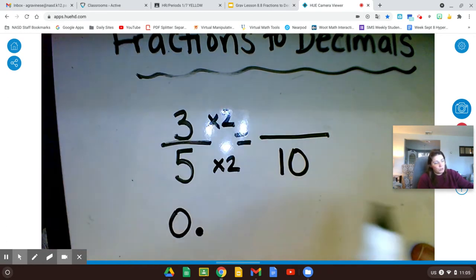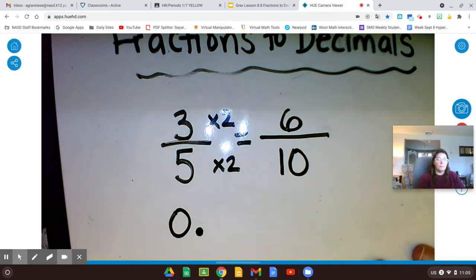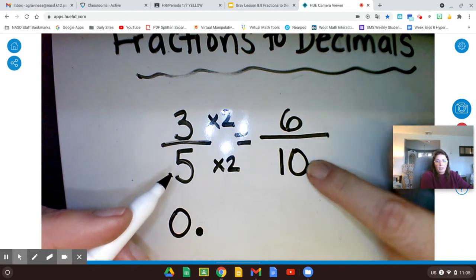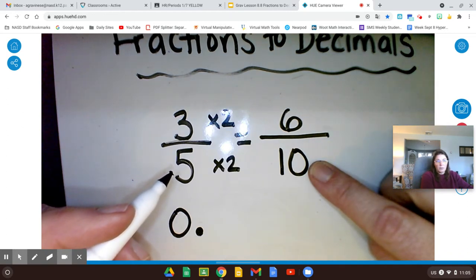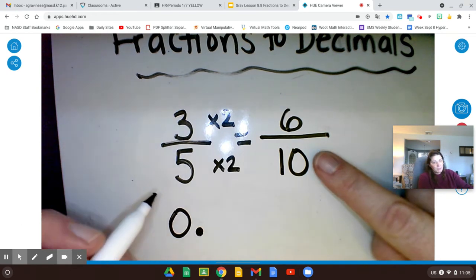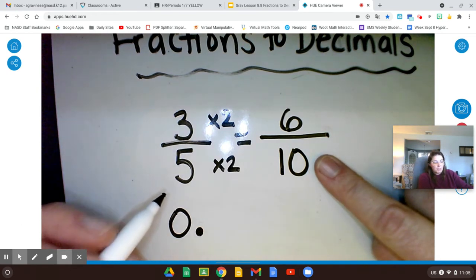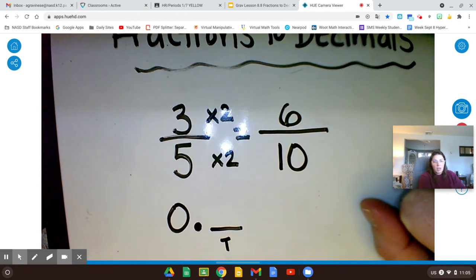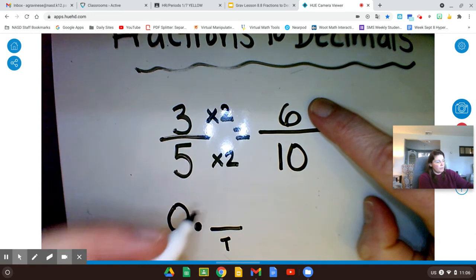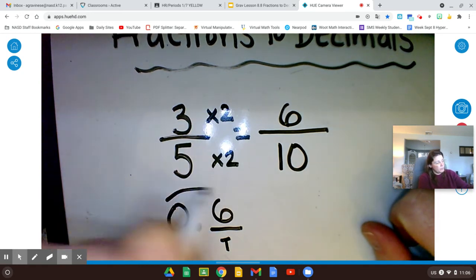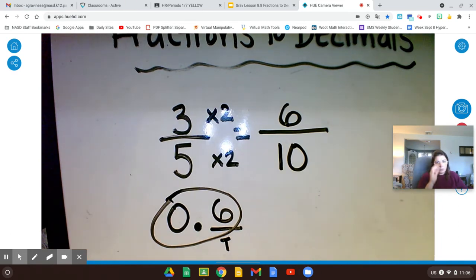And 3 times 2 equals 6. So 3/5 is equivalent to 6/10. And now that I have a denominator that's 10 or 100, I can write it as a decimal. It's 6 tenths. The first position after my decimal point is the tenths position, and I have 6/10. So our decimal equivalency is 0.6 or 6/10.